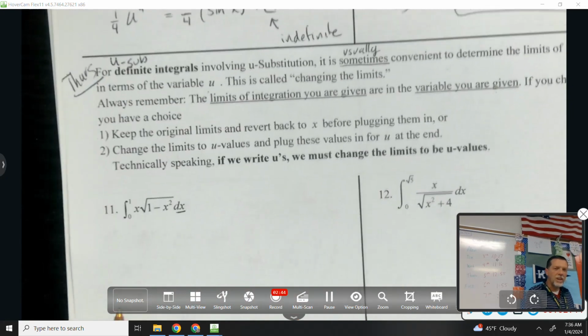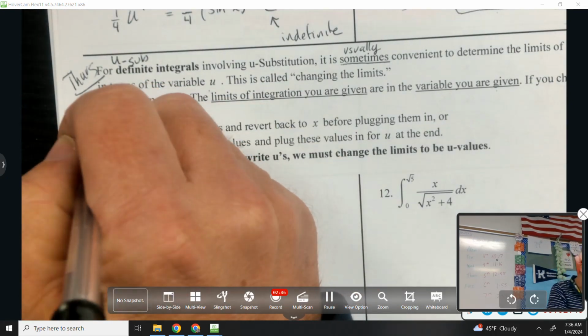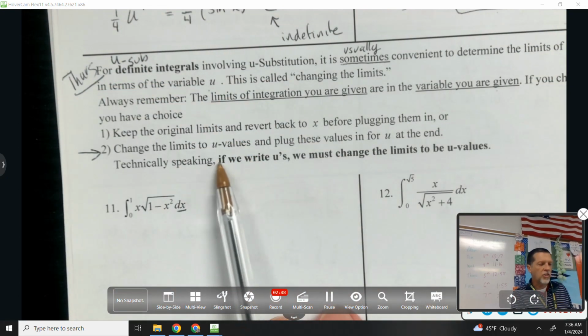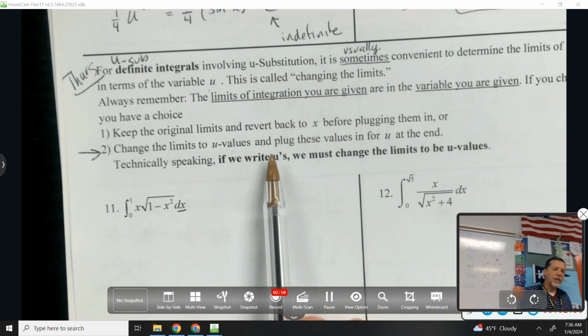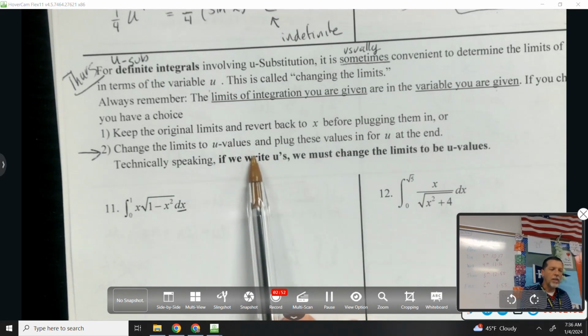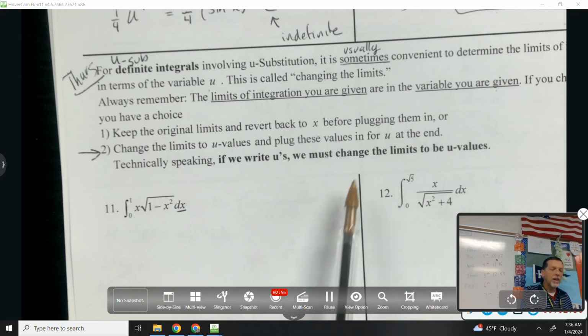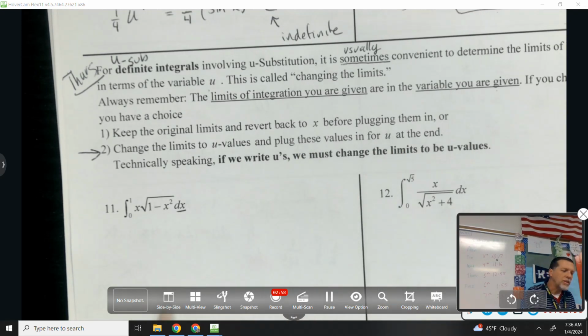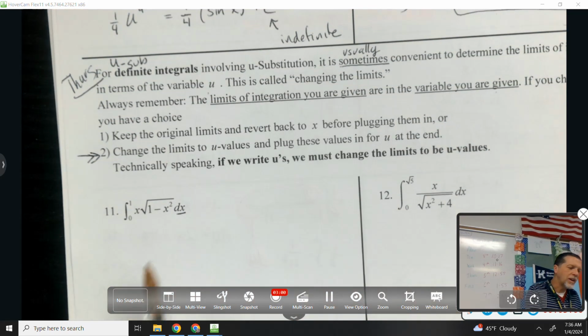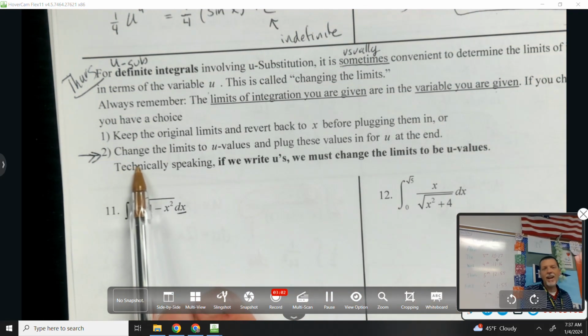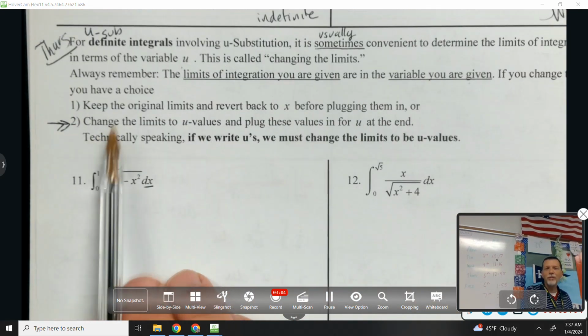What's usually easier is that you change the limits to u values and then use those without plugging x back in. You keep everything in terms of u. The reason this one is preferred is because the AP test has a nice way of making sure that you do this.